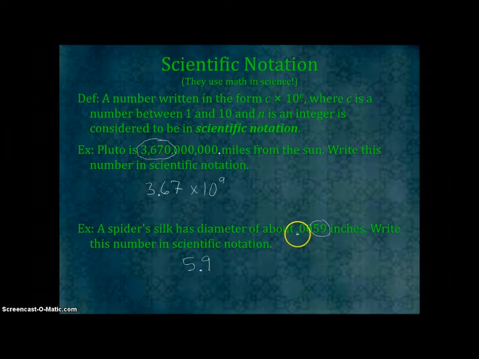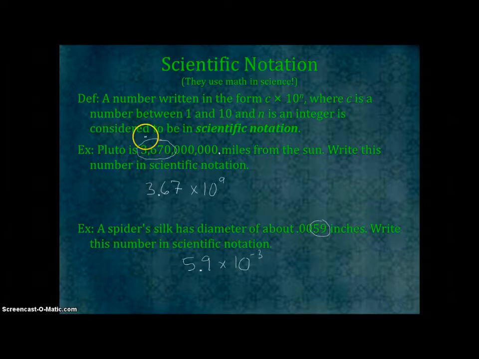Well, in order to get a decimal point there, I needed to move it 1, 2, 3 places over. But this time, notice I'm moving in the opposite direction. So I need to move negative 3 places if we want to make a bigger number for our c than our starting number was.